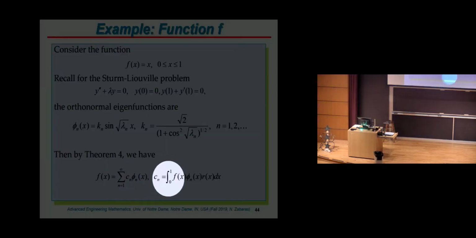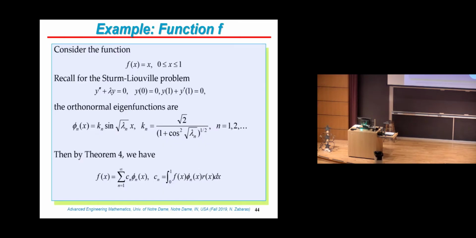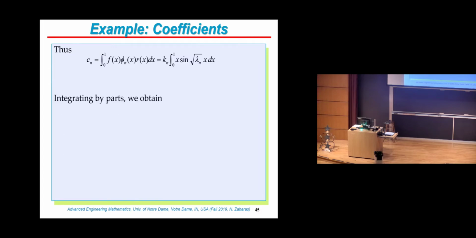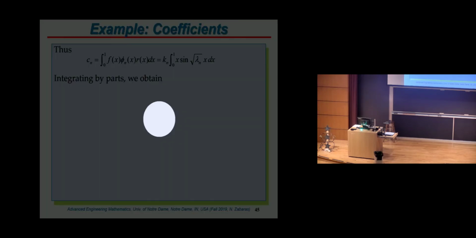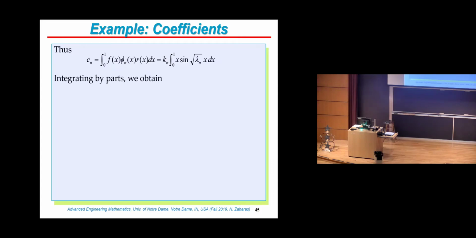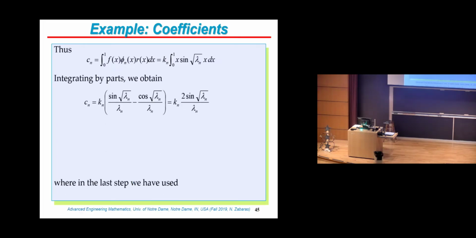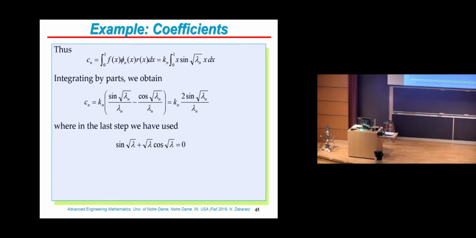By taking this inner product, but involving r. So if you do this calculation, and you plug in f, which is x, phi n, which is kn times sine of square root of lambda n x, r is equal to 1, and you're good with integrals, and you use this equation for the eigenvalues, all right? There's the answer.